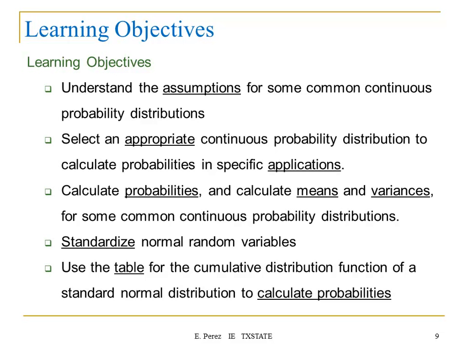For this lecture, this is very important. You're going to learn about the standardized normal random variables, and you're going to see why that is very important. And we're going to use the table of the cumulative distribution function of a standard normal distribution to calculate probability. Okay, so at the end of this lecture, you should be able to or feel comfortable doing all this.